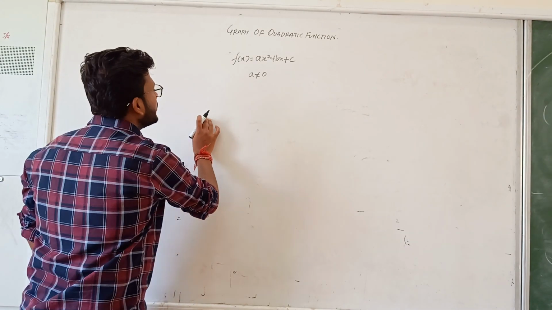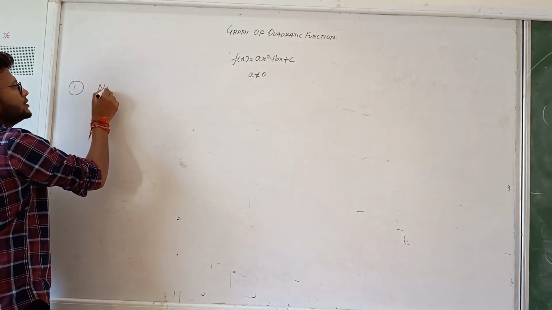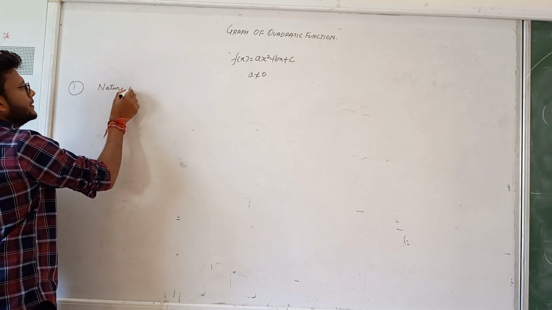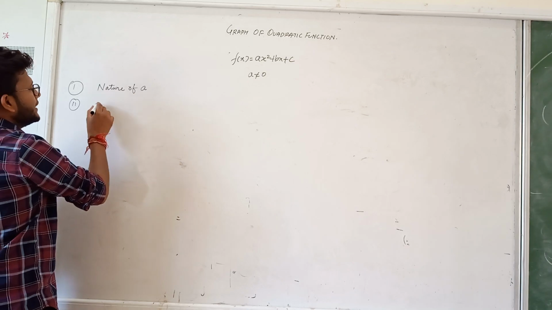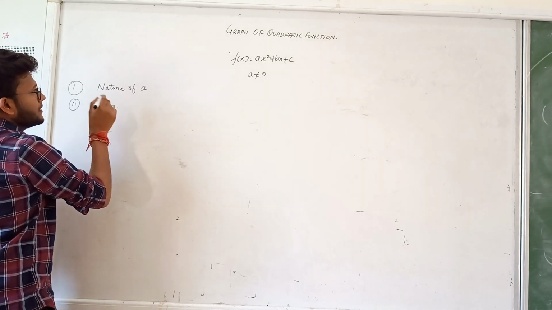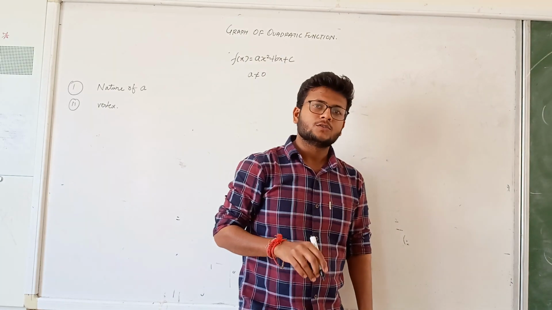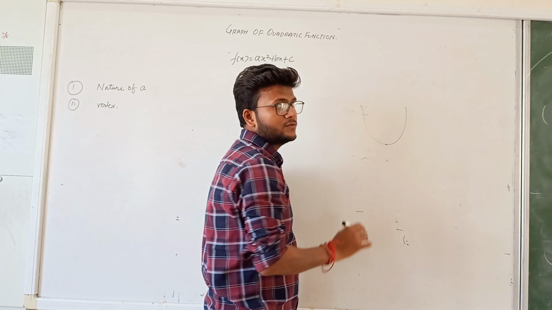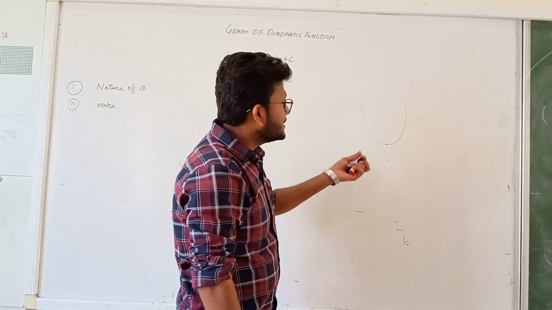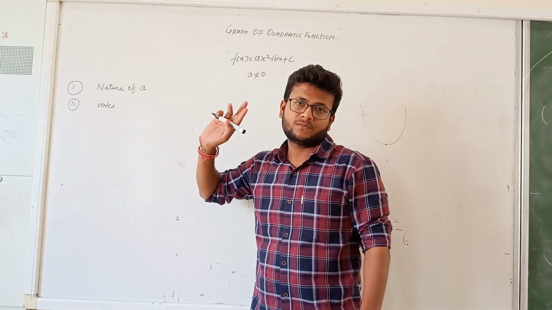For sketching the graph of a quadratic function, we have to understand 4 things. First, the nature of a. Second, the vertex. Since all quadratic functions are in the form of parabolas, every parabola has a vertex. This point is known as the vertex of the parabola, and for tracing the graph we have to trace the vertex also.